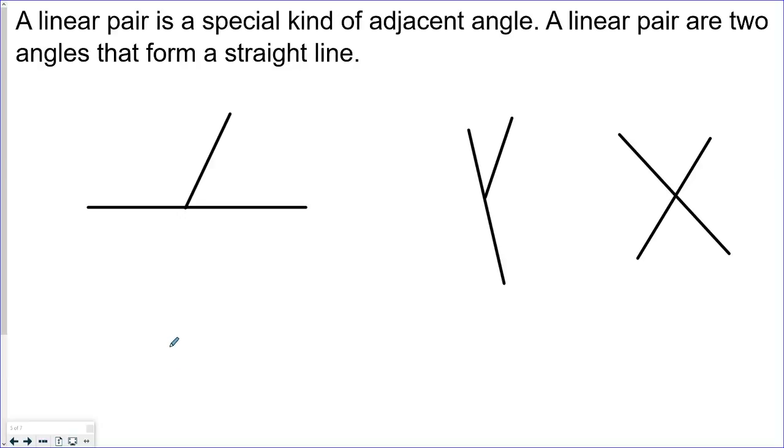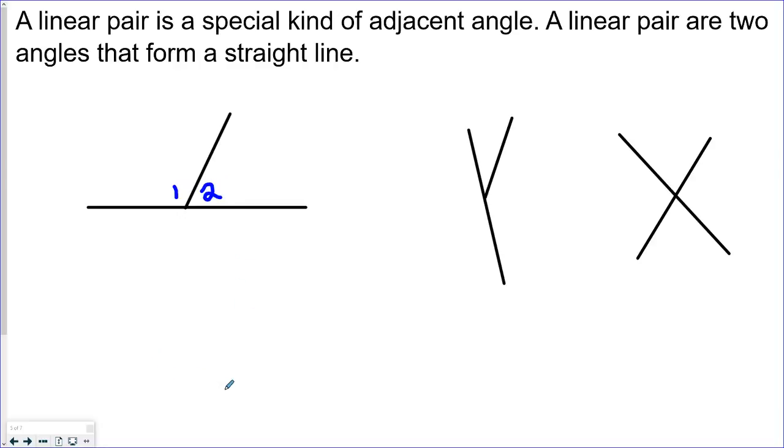But first, we want to look at one other special type of adjacent angles, which is called a linear pair. So a linear pair is a set of adjacent angles that forms a straight line when you put them together. So in this case, we'll call this angle 1 and angle 2, which is another way of naming angles. So instead of using letters, if you have the ability to, you can just put a 1 or a 2 or a 3 inside the angle, and you can call that angle 1, and you can call this angle 2, 3, 4, whatever you want.